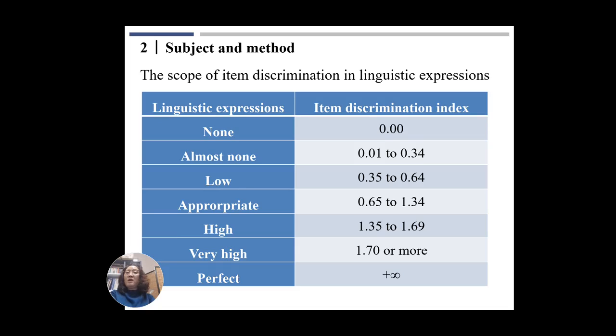Generally the slope of an item characteristic curve is the most steep and straight at plus minus 0.5 of item difficulty. Therefore, the slope of the point on an item characteristic curve that presents item difficulty is estimated to be item discrimination.